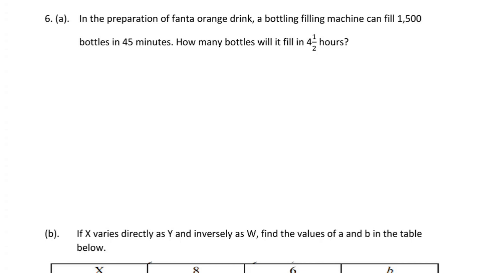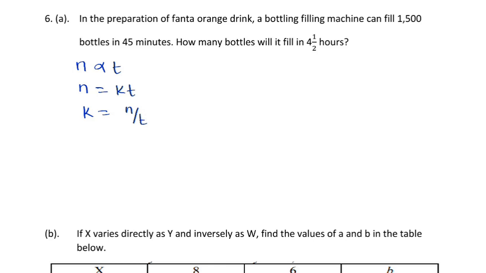From the problem, we can say that the number of bottles is directly proportional to time taken, symbolically n is directly proportional to t. Let us now introduce k as a constant of proportionality. We have n equals k times t. Let us make k the subject: k equals n over t.